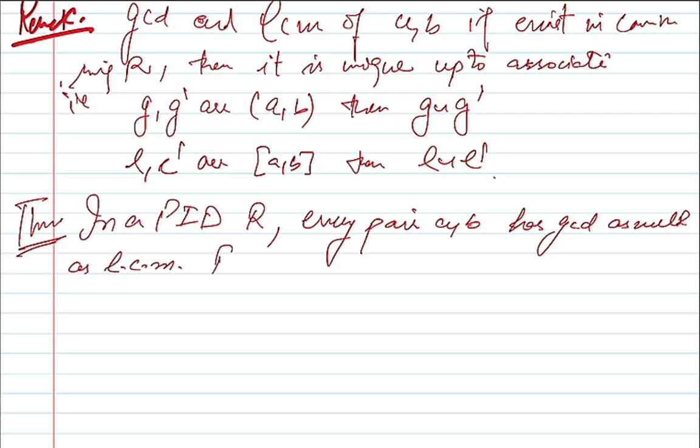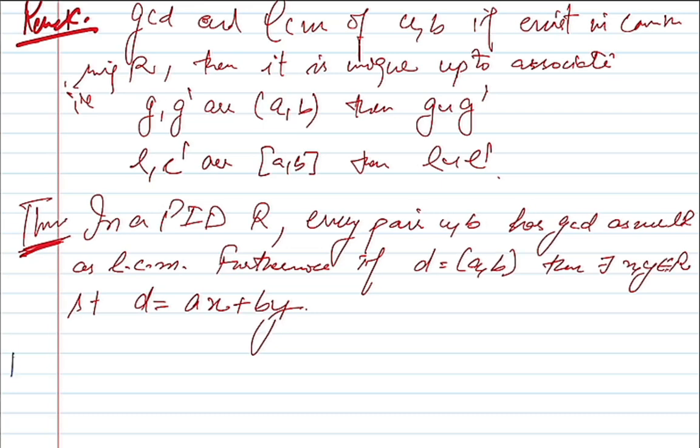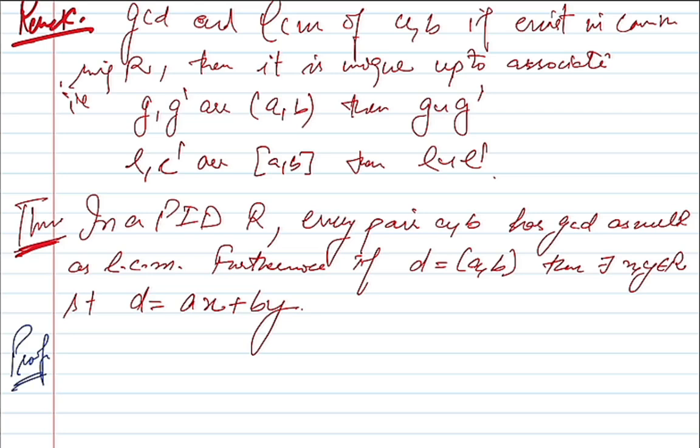Second, furthermore, if D is the GCD of A and B, then there exist X and Y from R such that D can be written as a linear combination of A and B, so AX plus BY. This theorem almost generalizes the theorem in numbers. So let's see how we prove it.